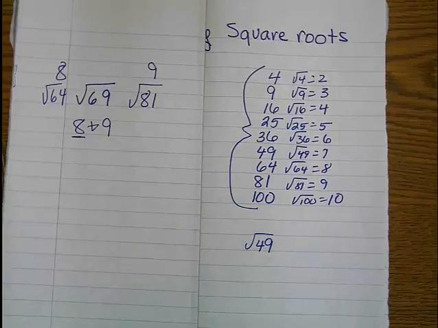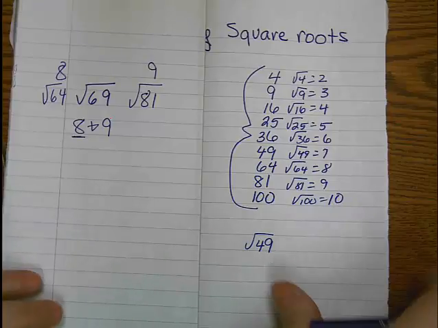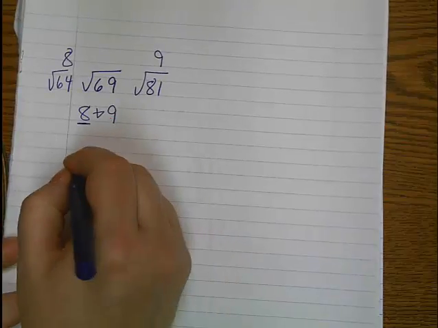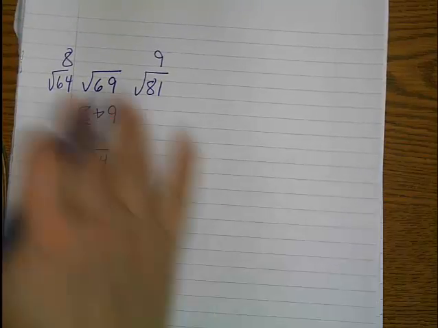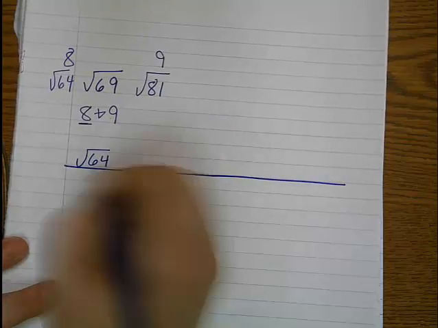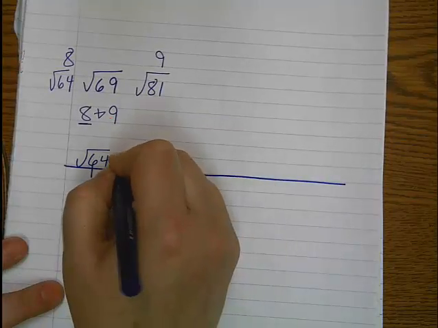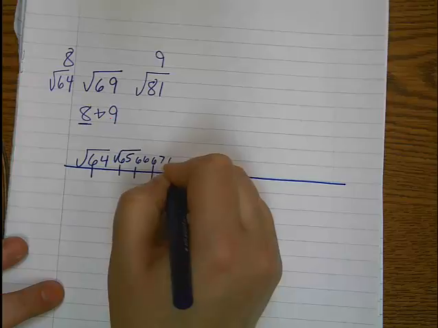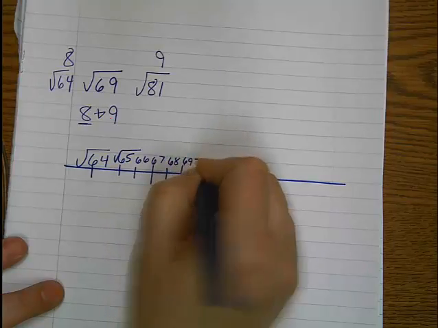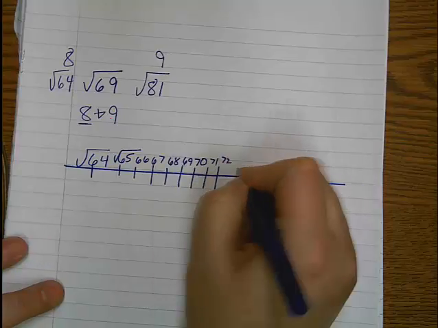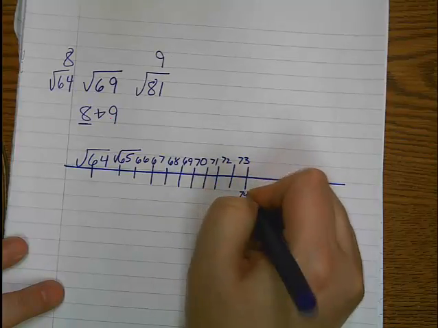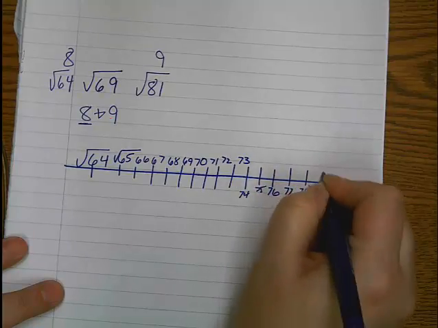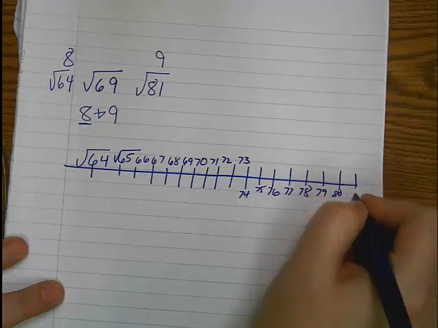So let's estimate now what that answer would be to the nearest tenth. So what I want to do is list my numbers from 64 to 81. So there's 64, square root of 65, 66, 67, 68, 69, 70, 71, 72, 73, 74, 75, 76, 77, 78, 79, 80, and 81.